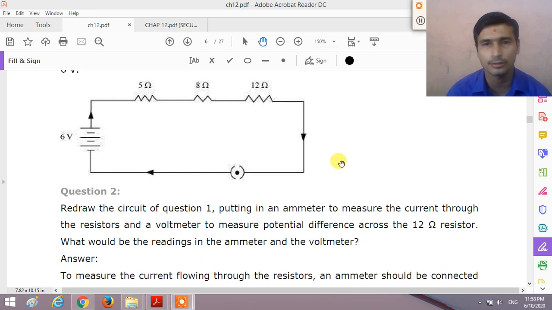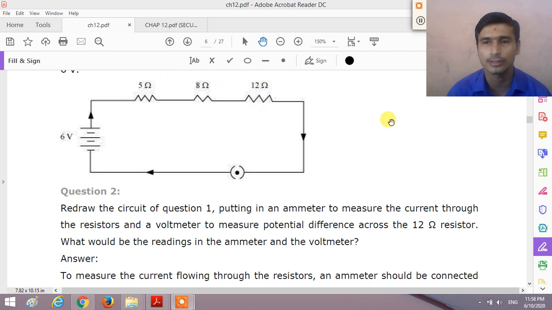So dear students, in the series connection of resistors, we need to find the electric current passing through each resistor. In a series connection of resistors, the electric current passing through each resistor is the same. So we need to calculate what amount of electric current is passing through the resistors and the potential difference across each resistor.